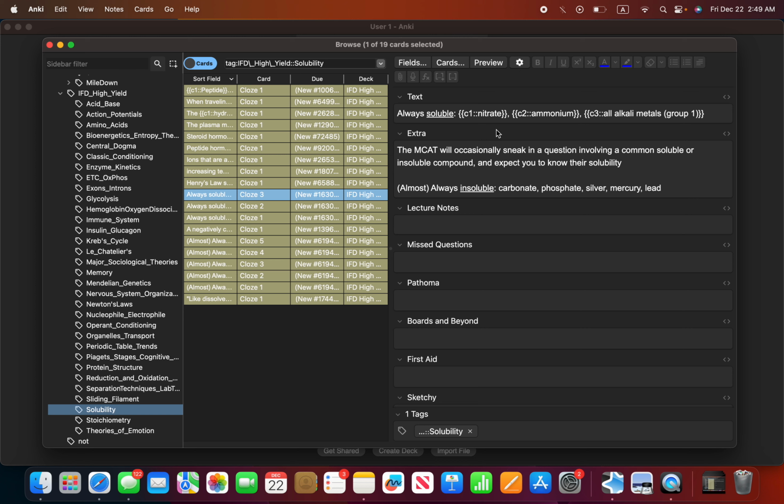We need to make sure that we know all of them. So nitrates, ammonium, and the group 1 metals are all soluble, and the insolubles are carbonates, lead, silver, mercury, phosphates.